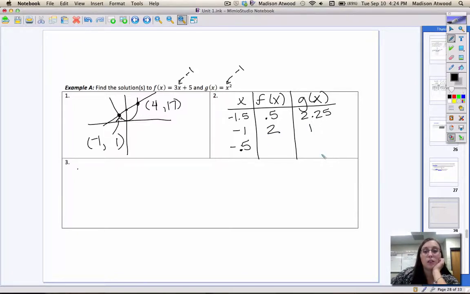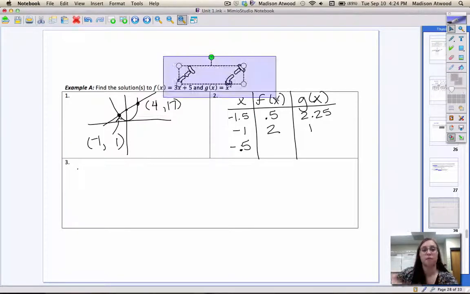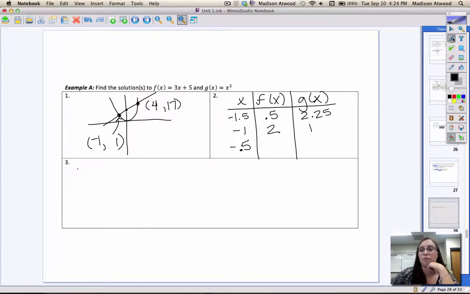Okay, we're getting a little closer. Let's try -0.5. So I'm going to do 3 times -0.5 plus 5, and I'm going to do -0.5 squared. This is my f of x function and my g of x function.